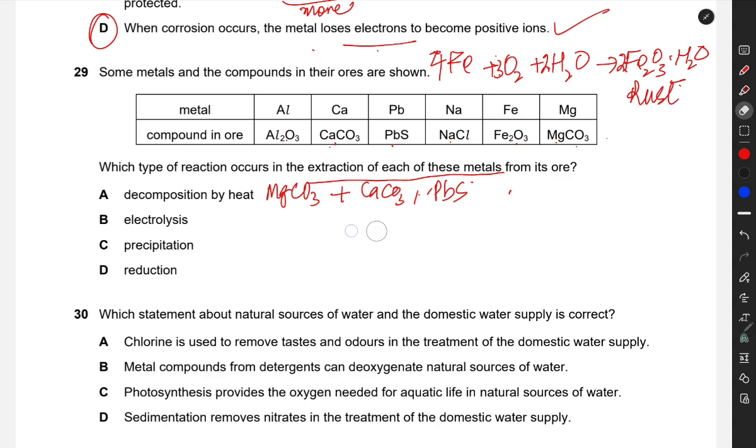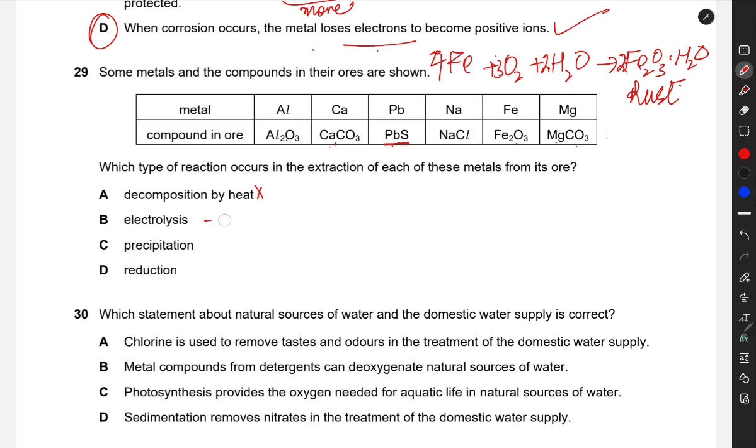These are further oxidized. I think only this metal is displaced by heating. This also reacts with oxygen, so it is incorrect.